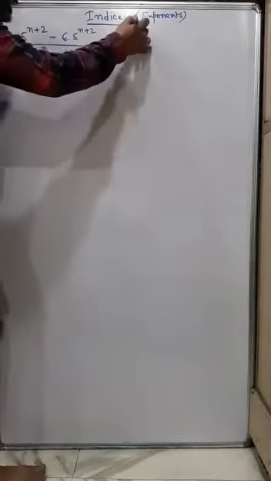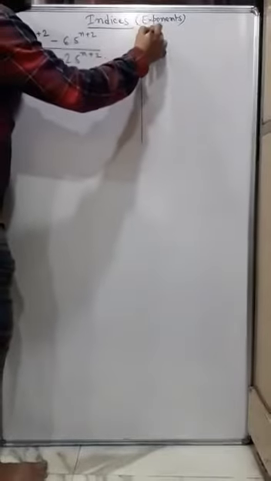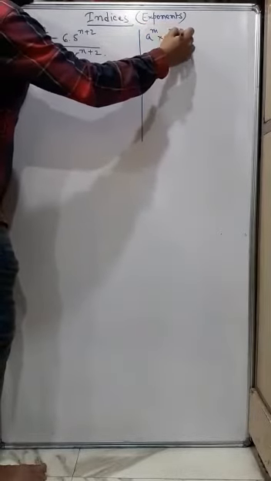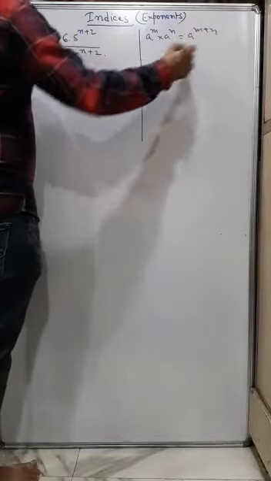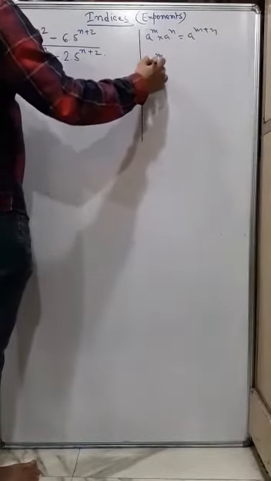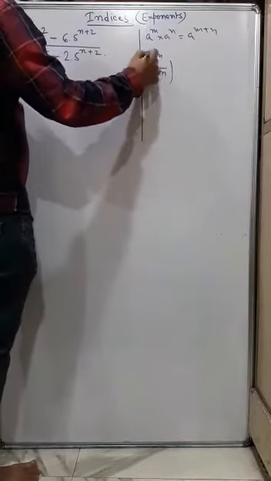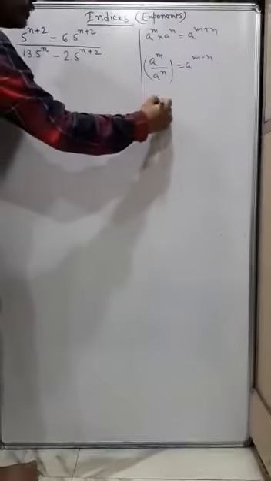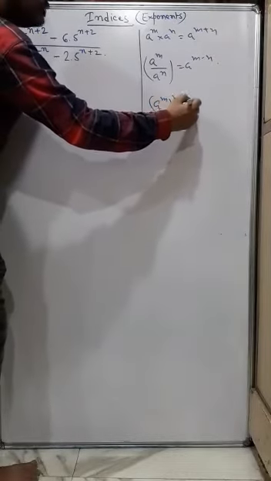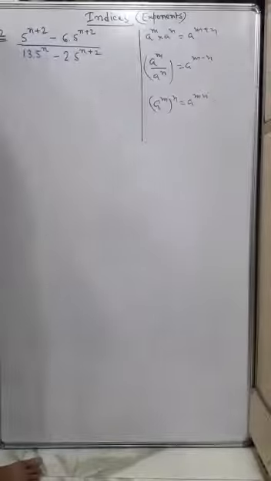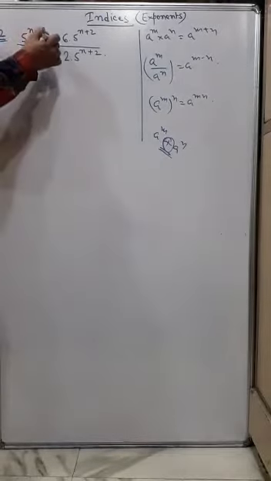Now if you remember, in the laws of indices there is the product law, that we say m plus n, then you have the quotient law, a to the power m minus n, and then you have the power law, a to the power m and whole to the power n, that becomes a to the power mn. But there is no such law with plus or minus in between, you don't have any law. But here you have this.